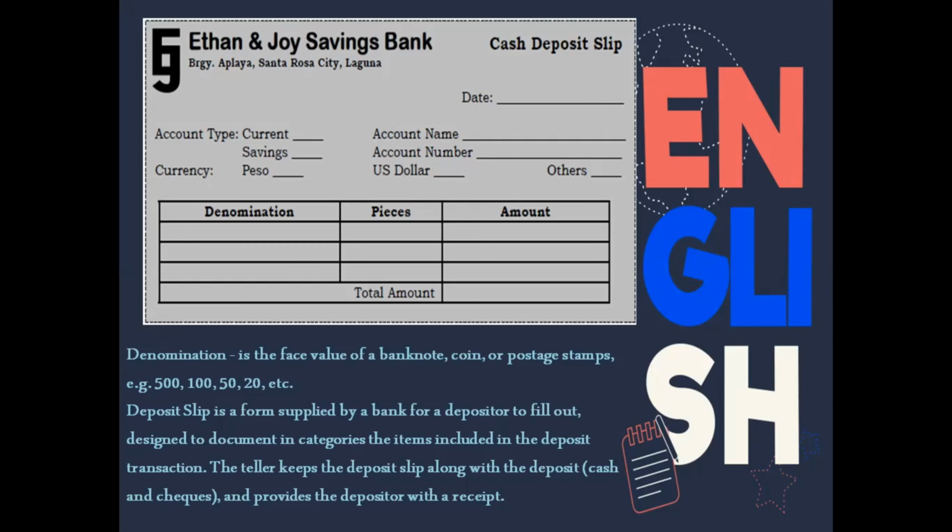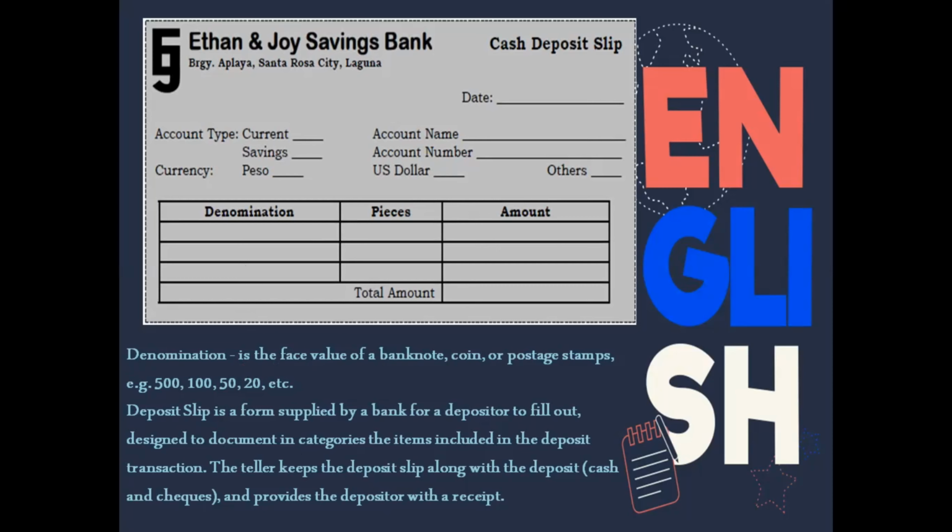The teller keeps the deposit slip along with the deposit, the cash or the check, and provides the depositor with a receipt. We have here the denomination. When we say denomination, it is the face value of a banknote, coin, or postage stamp. Example: 500, 100, 50, 20, etc.